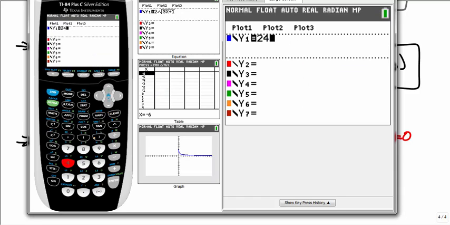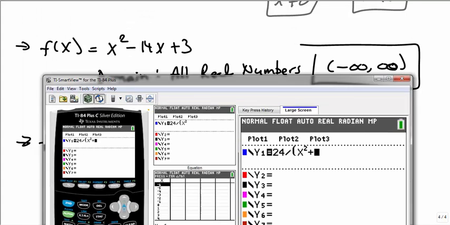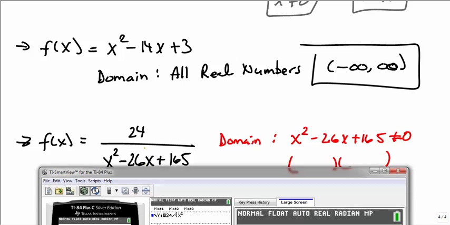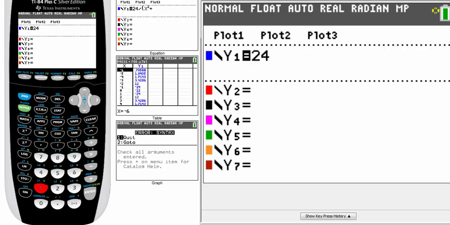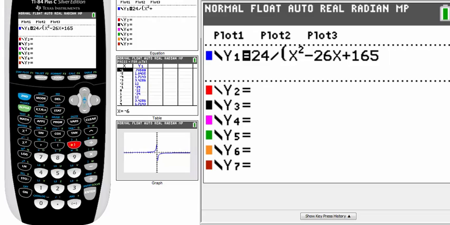So we'd go 24 divided by x squared minus 26x plus 165. And let's graph this and see what happens.